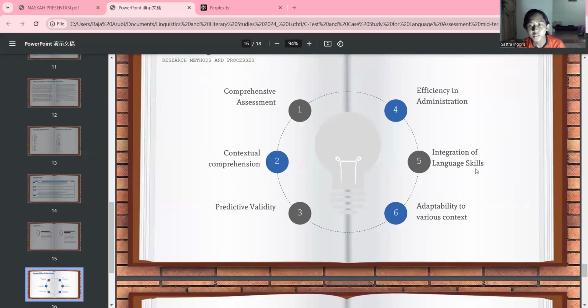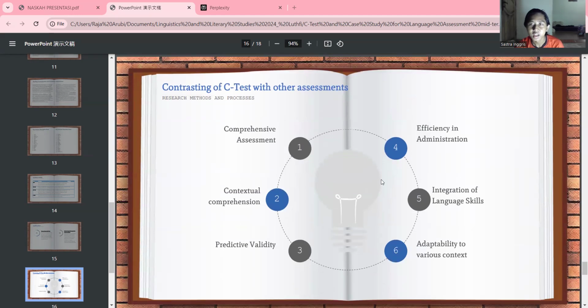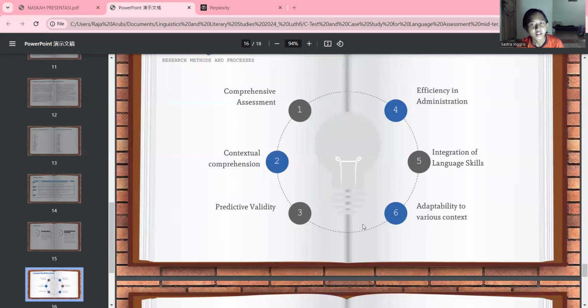And the integration of language, maybe in the aspect of difficulty, C-test is very difficult, and in a different condition it must be easy to complete successfully. In the scoring system, C-test is perhaps easily the same as multiple choice, right? And the clause test, yeah, that's all.